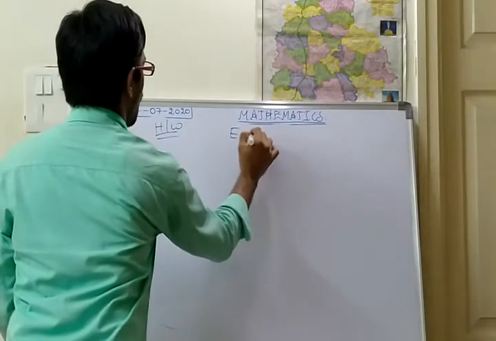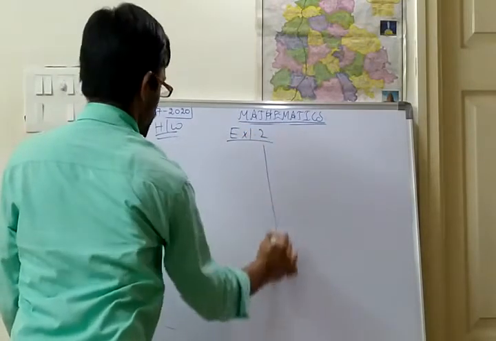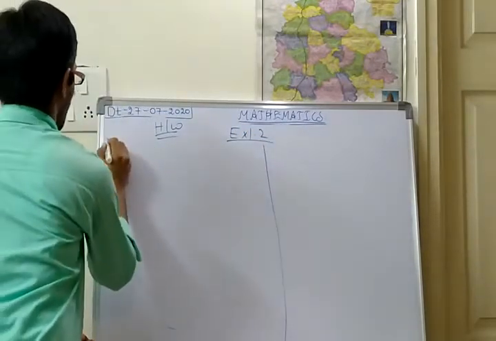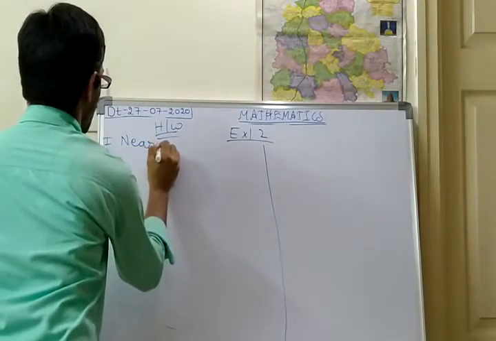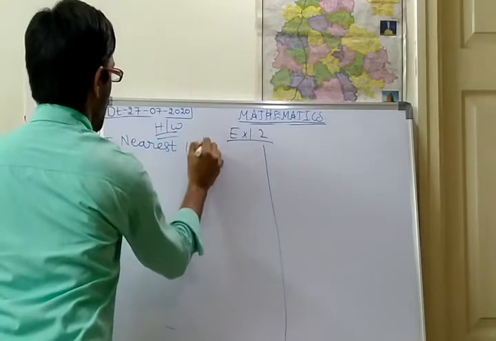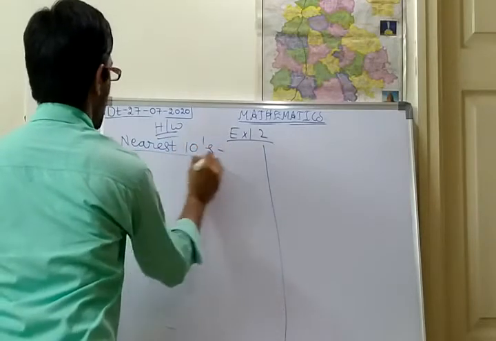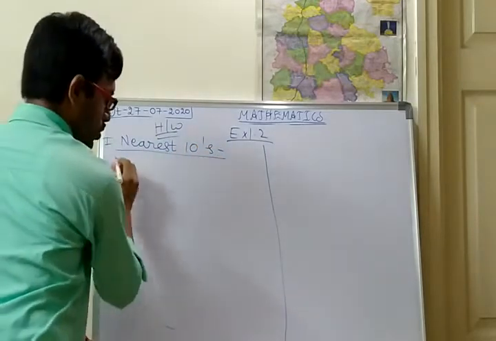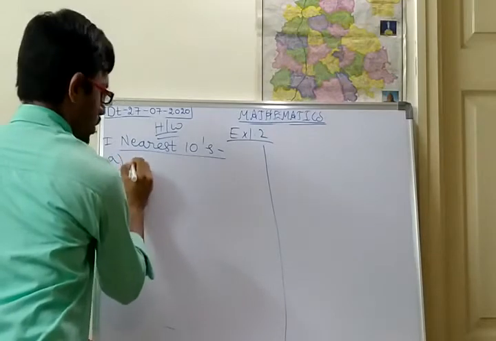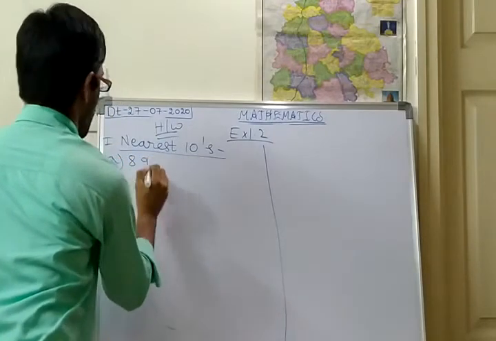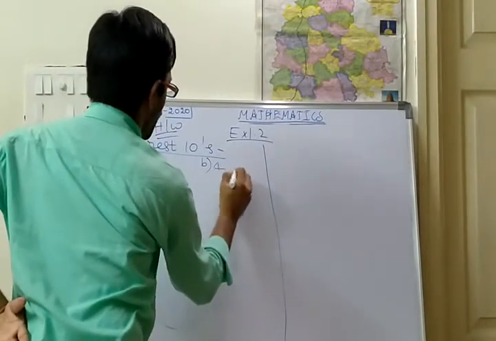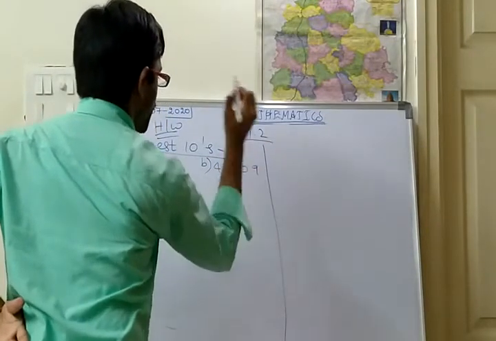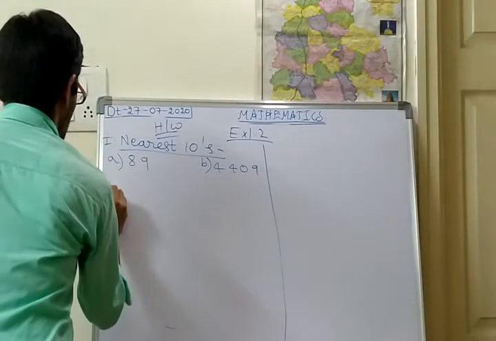First bit: round off to the nearest tens. Already in the previous class you have done some problems, so now do these also. The first one is 89, and the second one is 4409.